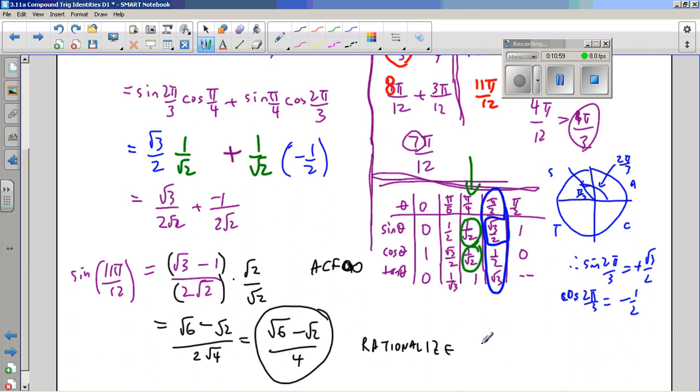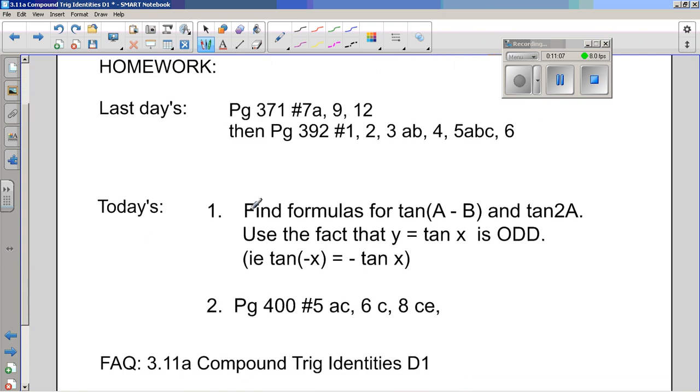All right, long lesson. But as promised, the homework is a little bit less. There's yesterday's, and you might have bits and pieces of yesterday's, but there's that tan stuff and just a few questions from the homework, and the bigger homework is actually tomorrow.